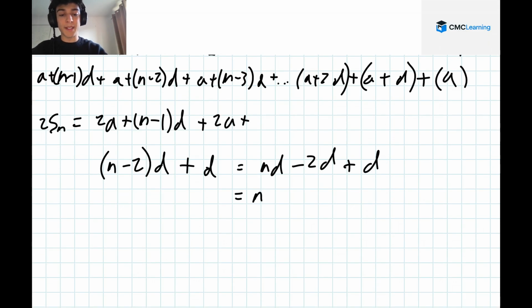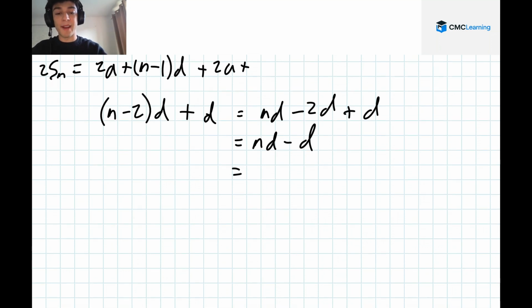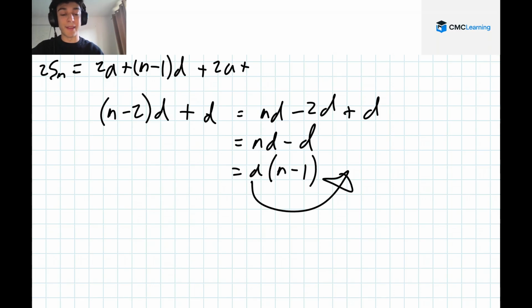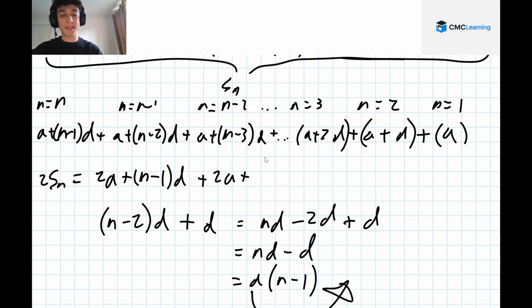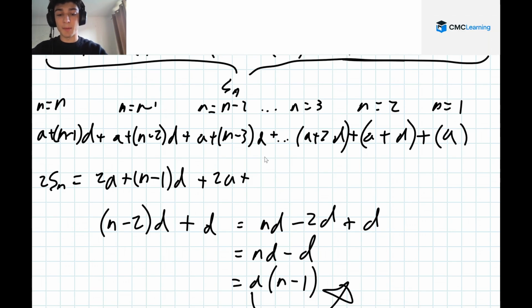So what we're left with is nd minus d. So minus 2d plus 1d just gives us minus d. And here we can factor out a d. We get n minus 1. Typically, people put the d on this side. But we can see that is completely identical to the first term we have, at least this last bit as well. So we're left with n minus 1 multiplied by d.